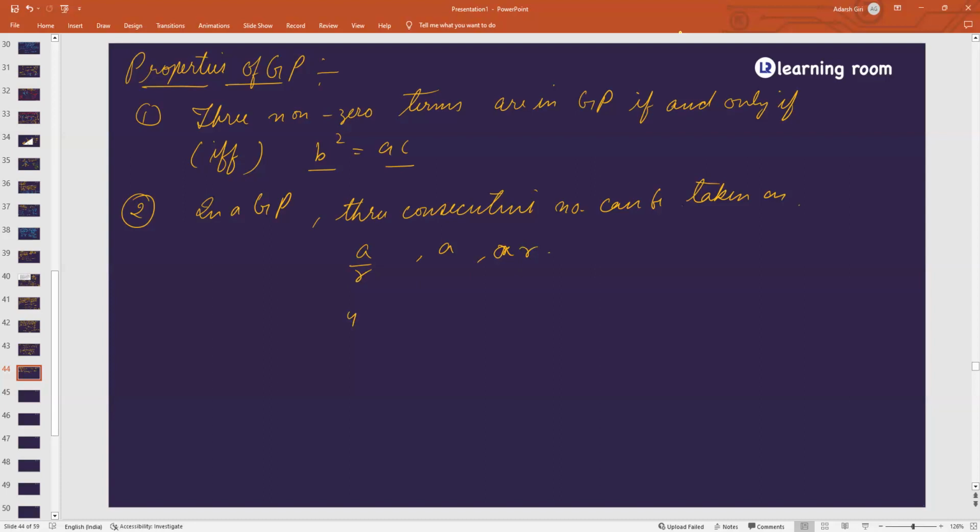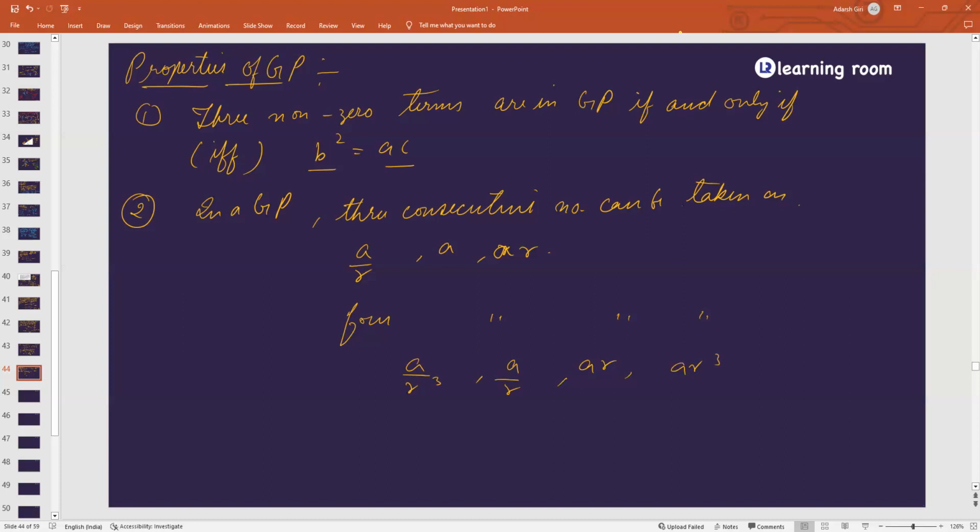Similarly, four consecutive numbers can be written as a by r square, a by r, a into r. Are you getting it? Yes, sir. Or in a better way, you write it like this: a by r cube, a by r, a into r, ar cube, to make it symmetrical.